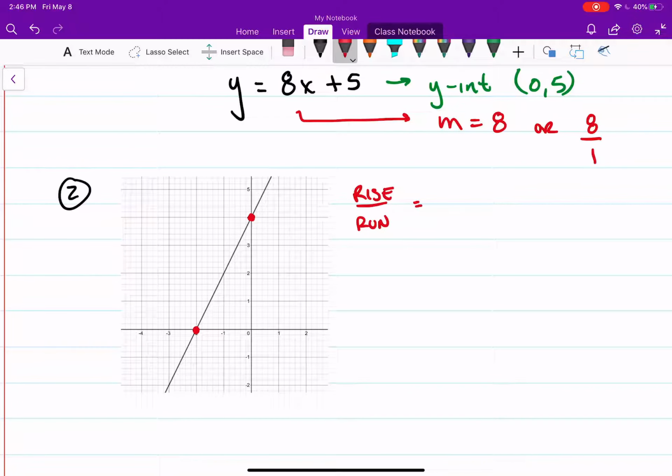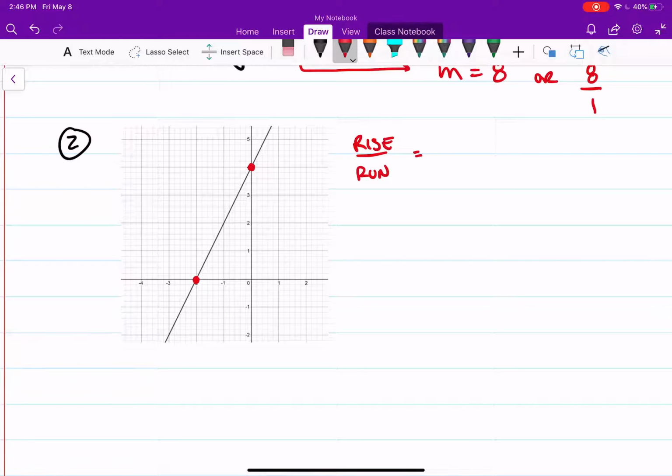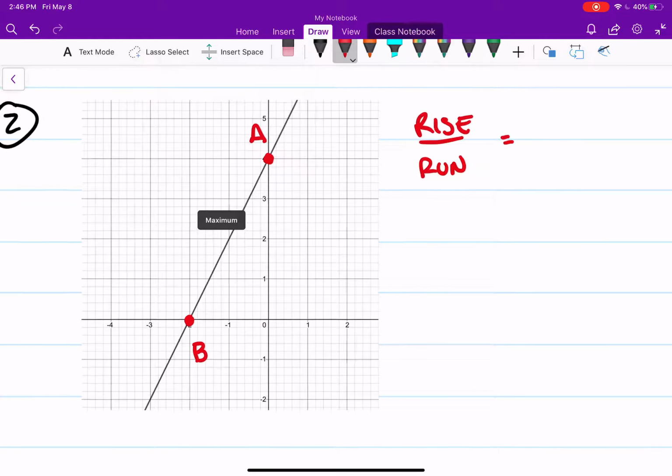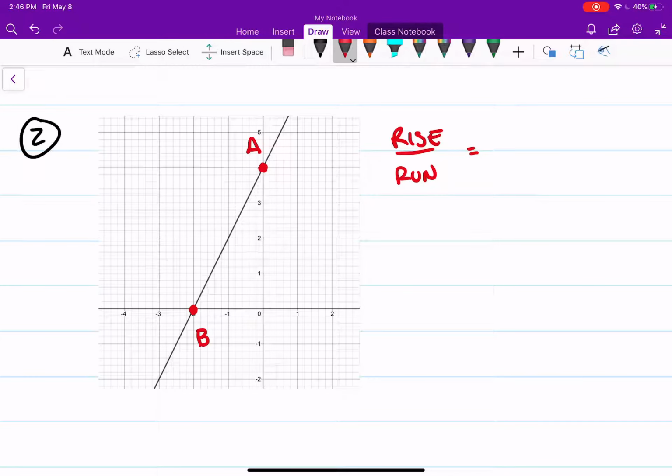So how do I get from point A to point B? Rise over run is only either up and down or left and right. That's my only movement. The rise, the up and down, will go on top, and the run, left and right, will go on the bottom. So how did I go from point A to point B?